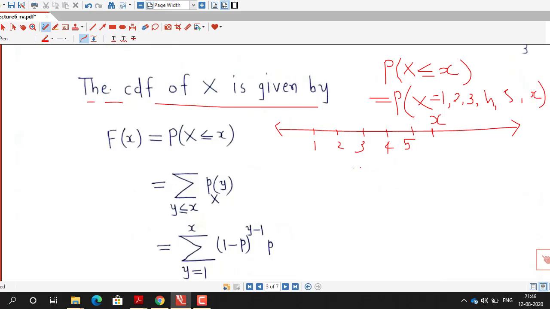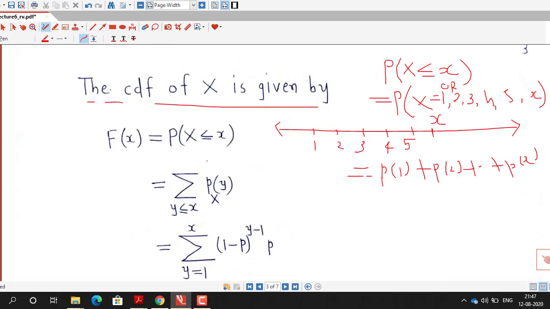All these are mutually disjoint events. Okay, this is X equal to 1 or X equal to 2 or X equal to 3 in that sense. So this is nothing but the addition of all the probabilities up to x, p of 1 plus p of 2 and so on up to p of x.